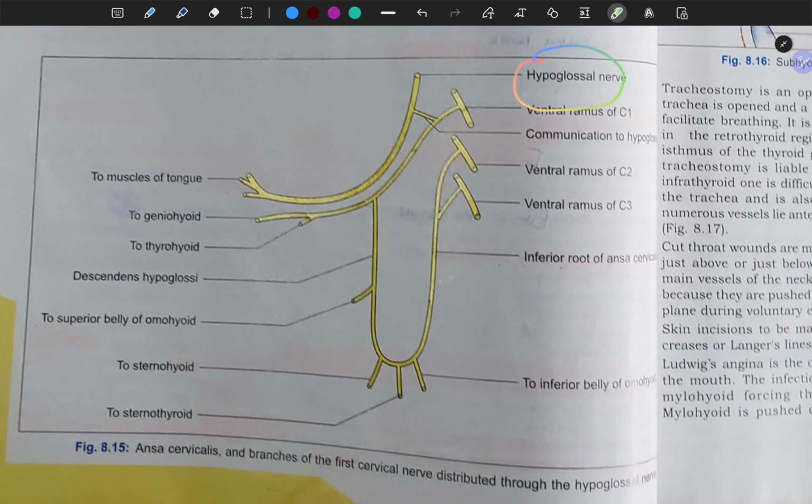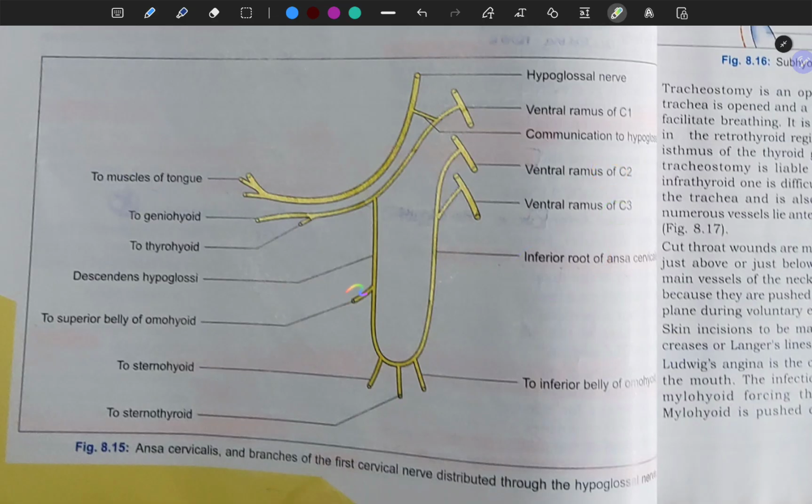The hypoglossal nerve gives a communicating branch to the ventral ramus of C1, and thereby forms the descendens hypoglossi, and the ventral rami of C2 and C3 form the inferior root of the ansa cervicalis.